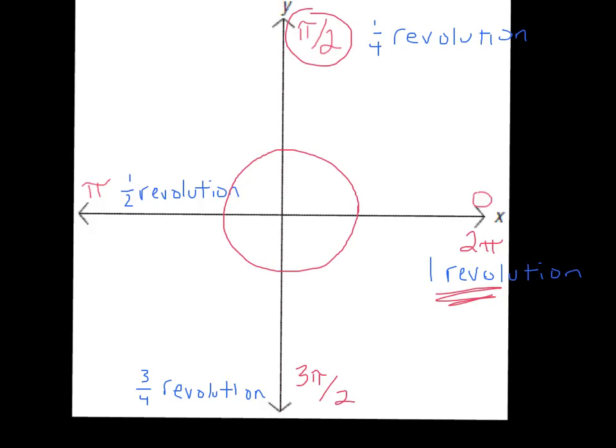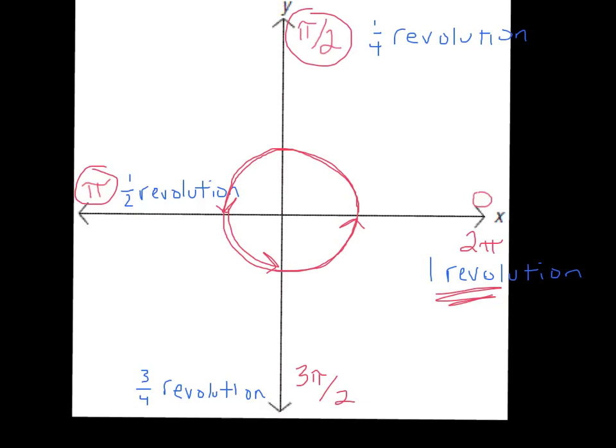If I go a half a revolution, I get halfway around the circle here. Well, half of 2 pi would give me pi radians as a measurement on the negative x. When I go 3/4, I get down here to the negative y. 3/4 of 2 gives me 3/2. And then obviously the full rotation gets me around to 2 pi.